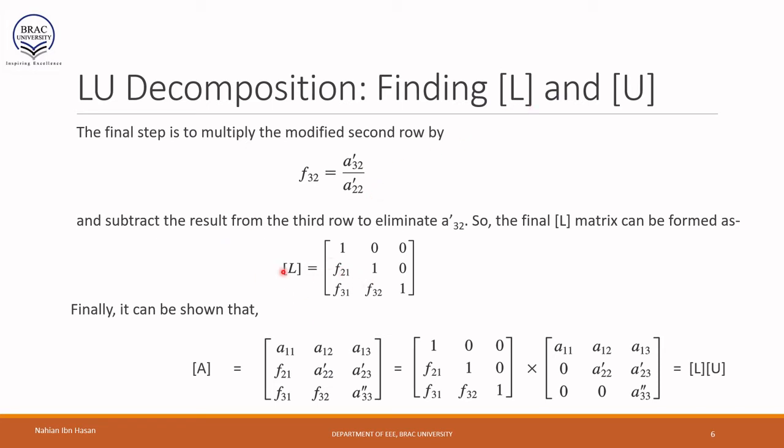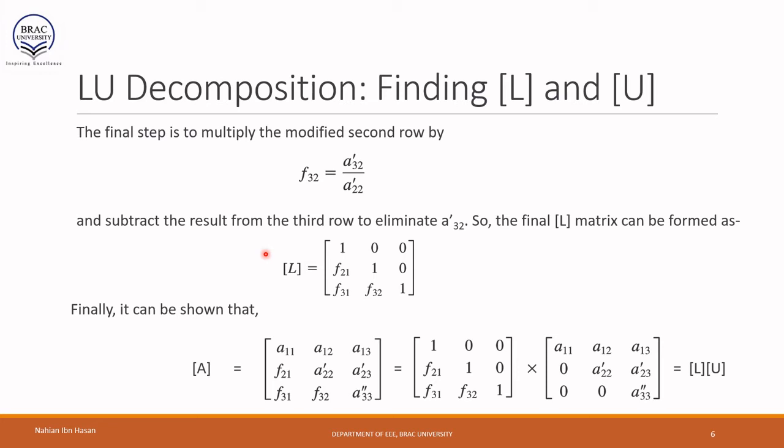That means we can easily get the lower triangular matrix with these multiplicative factors, the F21 factor, F31 factor and F32 factor. So you see, the lower triangular matrix and the upper triangular matrix are generated in the same process, in the Gaussian elimination step that we had used previously.